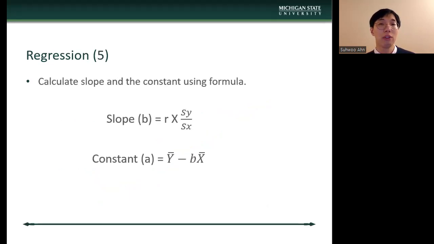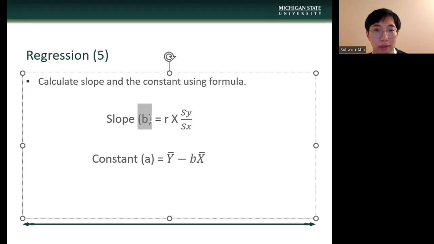So in the exam, you can calculate the slope and the constant using the formula. The formula is not that complicated, but you will be provided with some information, and by combining these numbers, you can calculate the slope and the constant. First, the slope, which is called b, equals r times Sy divided by Sx.